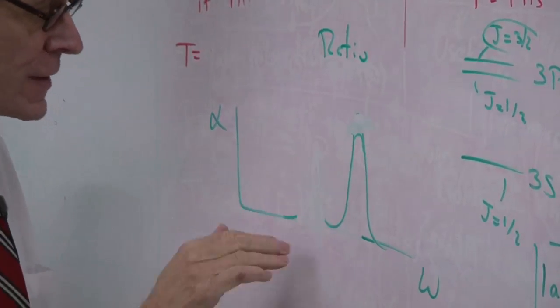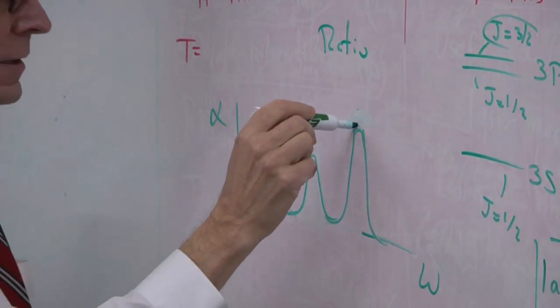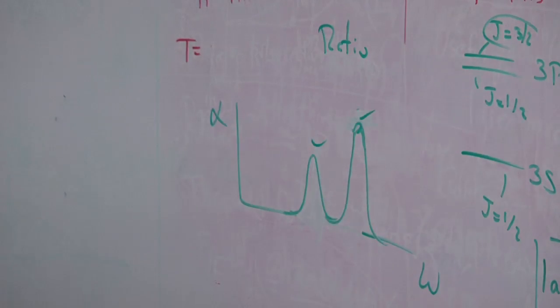But let me draw them with the same width, because if they were Doppler broadened, they would be. Okay, so what is the ratio of the peak heights? Degeneracy ratio. Okay, but what is the answer? Wait, that was the homework problem, wasn't it? 2 to 1? So how many got 2 to 1? Yeah, okay, it's 2 to 1.